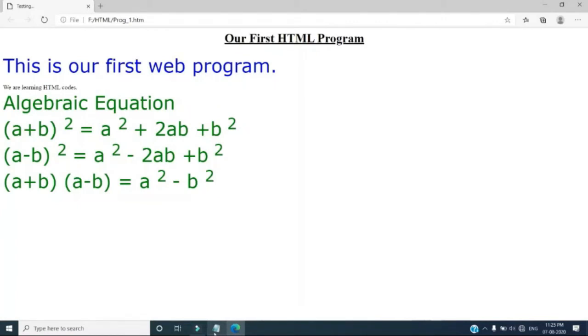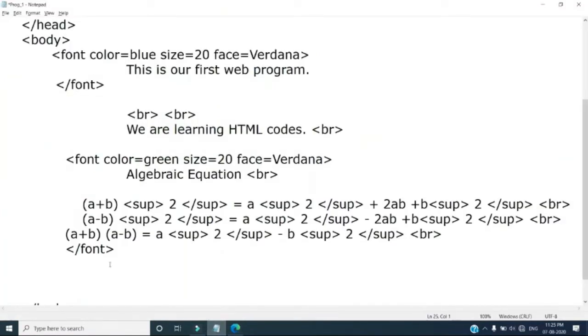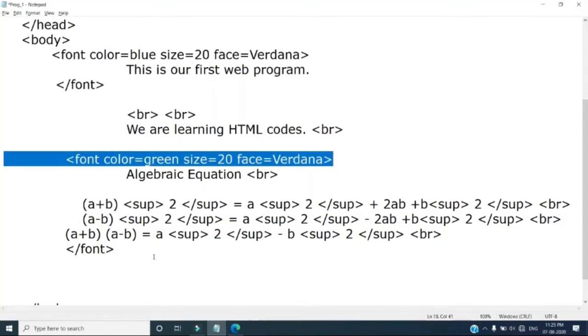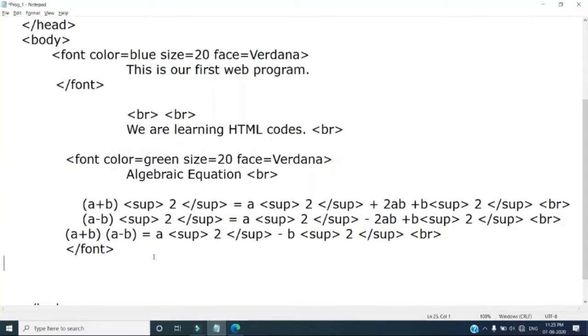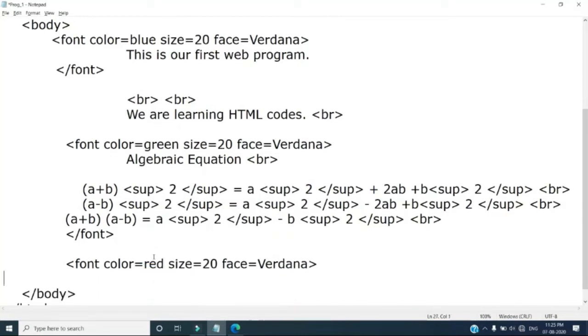Now we will do subscript. In our subscript, let's first change the font color from green to red, and the font tag we are closing, because closing of a tag is very essential.